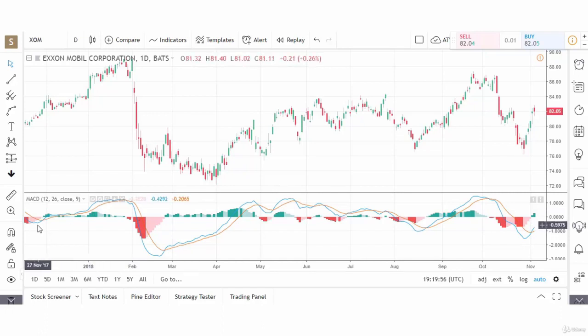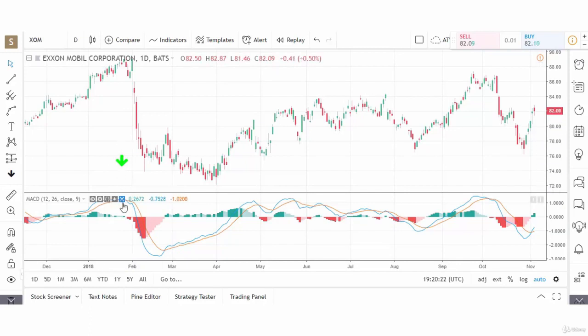Let's start at the beginning of the chart. We have the MACD in bullish territory above the 0 line, trending up, and then we get a cross of the MACD here, actually before the stock dropped off.